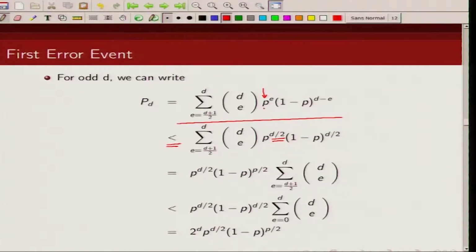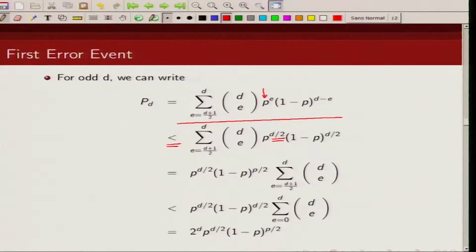The actual expression would have had p raised to the power (d plus 1) by 2, then (d plus 3) by 2, and so on, and this number will go on decreasing because you are raising it to a higher value. Instead of varying it, I keep it fixed at d by 2. So, that is the first upper bound that we are getting.